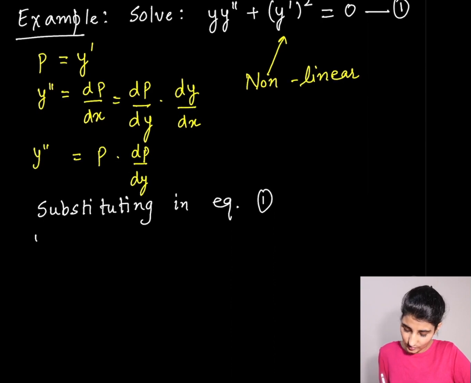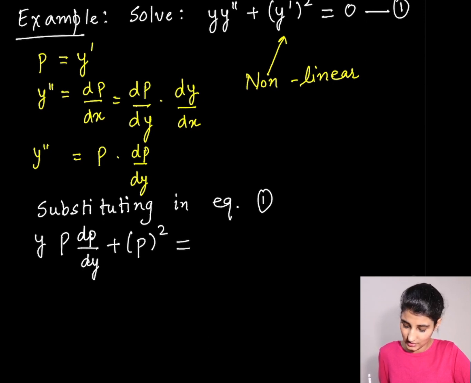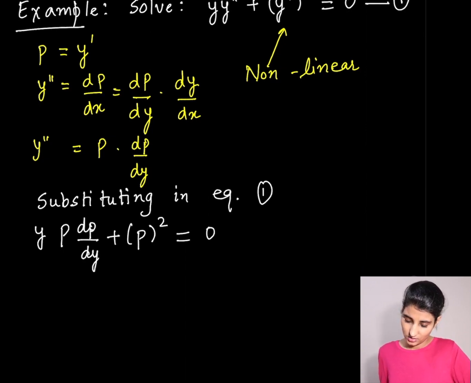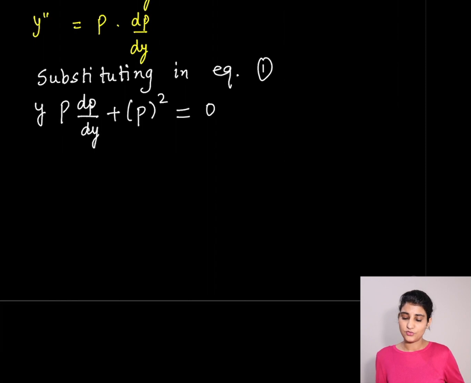So y times y double prime, which is p times dp over dy, plus y prime square equal to 0. This is a first order equation where p is the dependent variable and y is independent. P is the dependent function and y is independent.